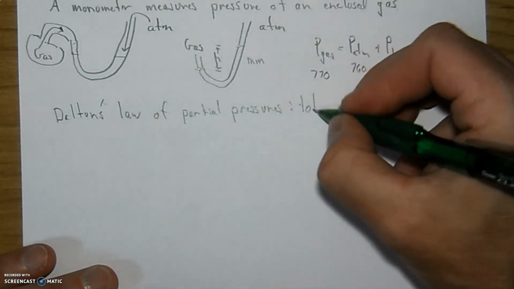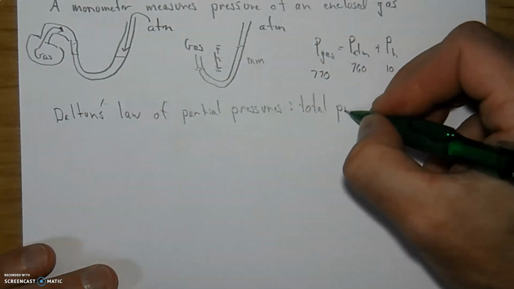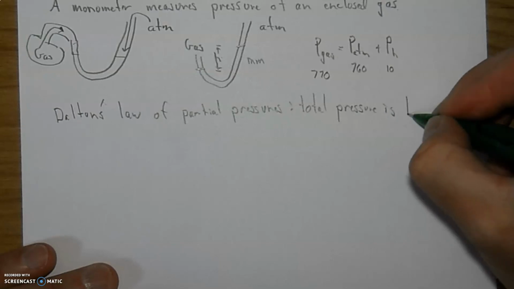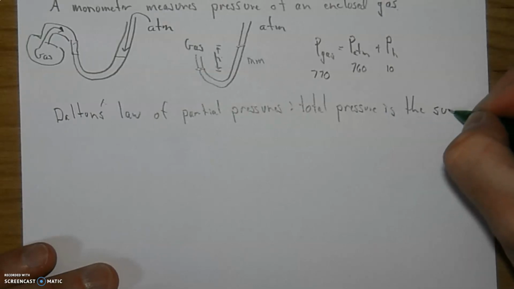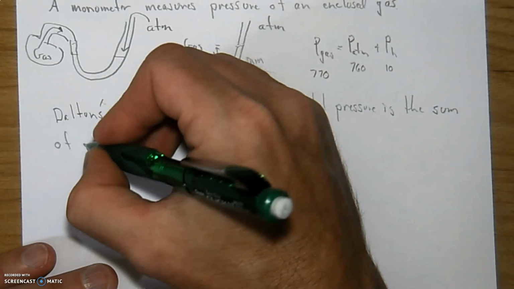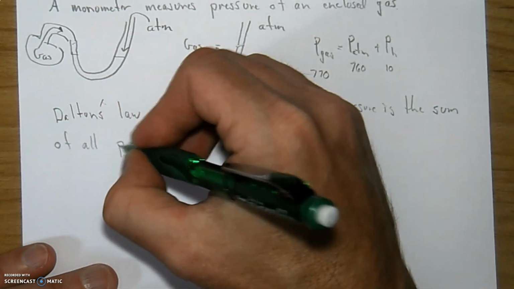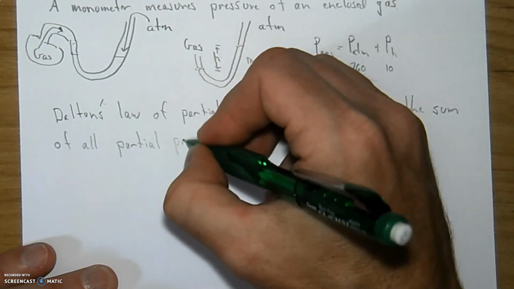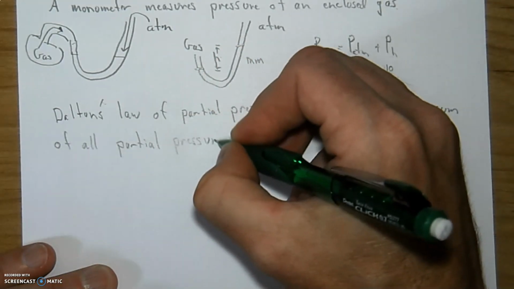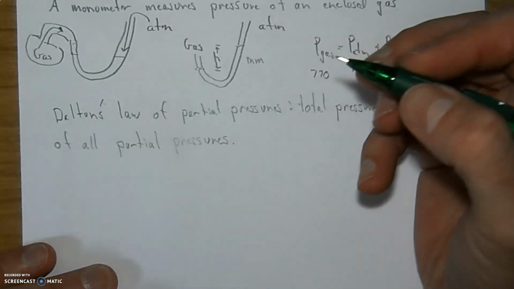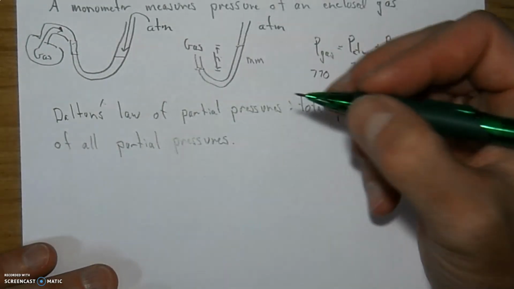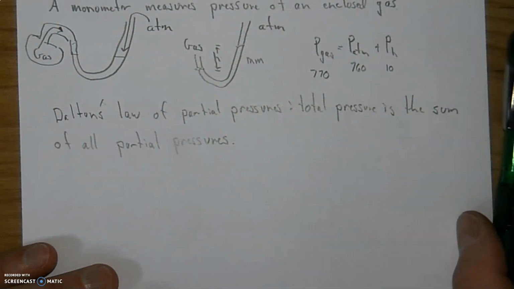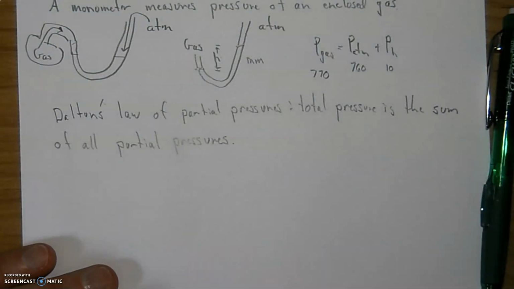He states that the total pressure is the sum of all the individual partial pressures, which is kind of neat. If you don't think it is neat yet, you will soon enough. You know what? I'm going to leave this as a pause because we're like 11 minutes in here, and I think it'd be better to bring this on into the next lecture.